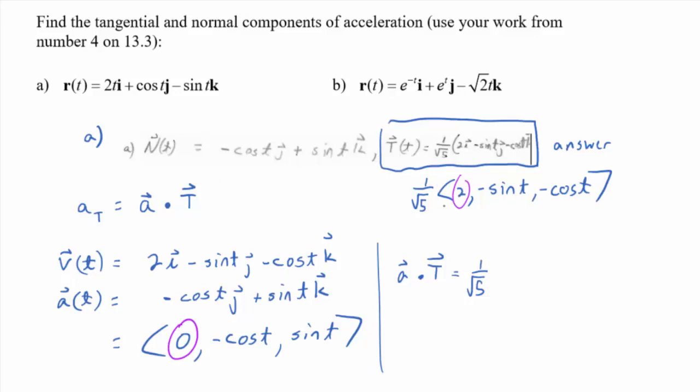Okay, big set of parentheses, 0. And then this guy times this guy, plus, yeah, it doesn't matter what order. So sine t cosine t, right? And then this guy times this guy, minus sine t cosine t. And then what's all that going to be? 0, yeah.